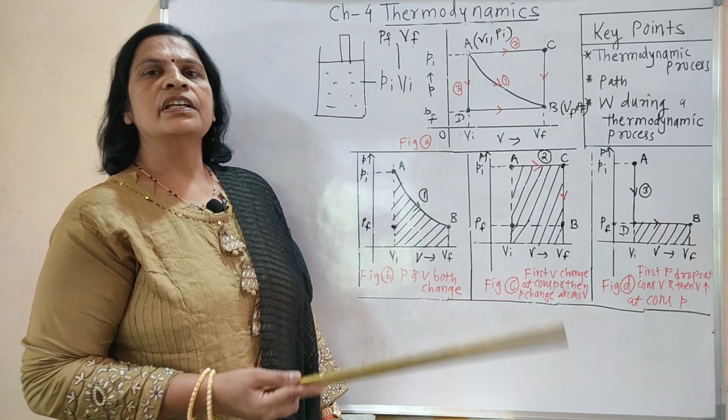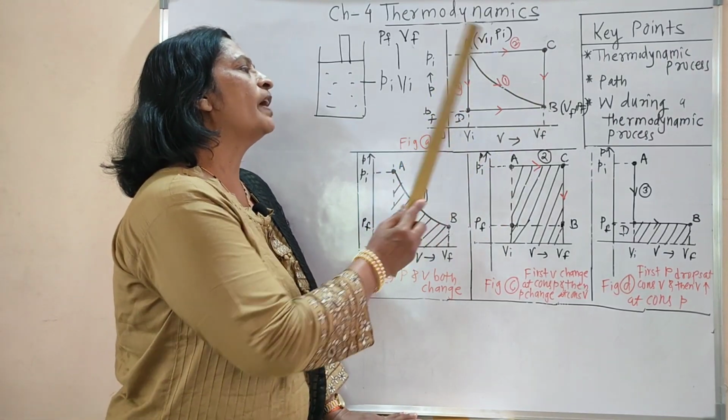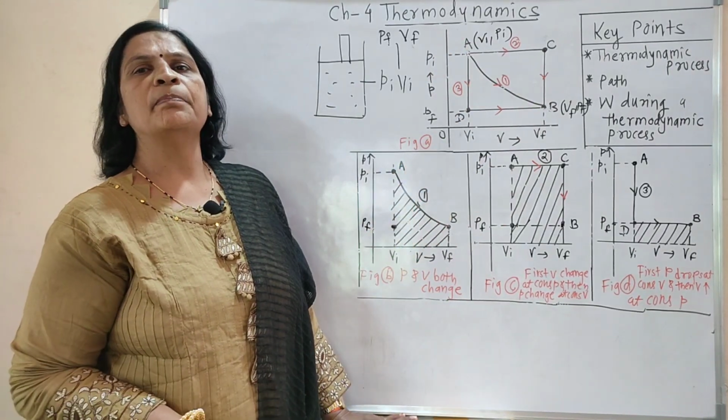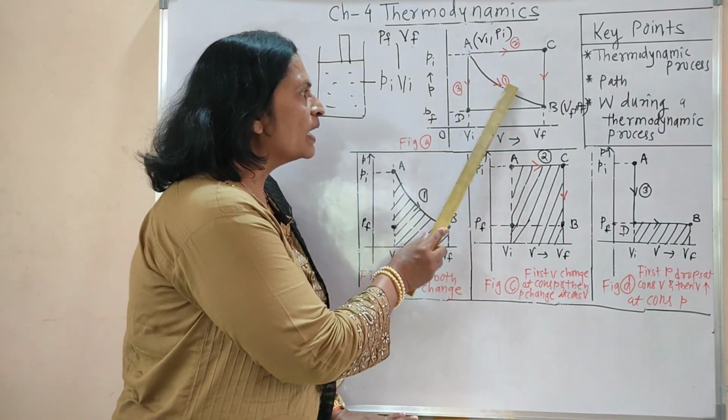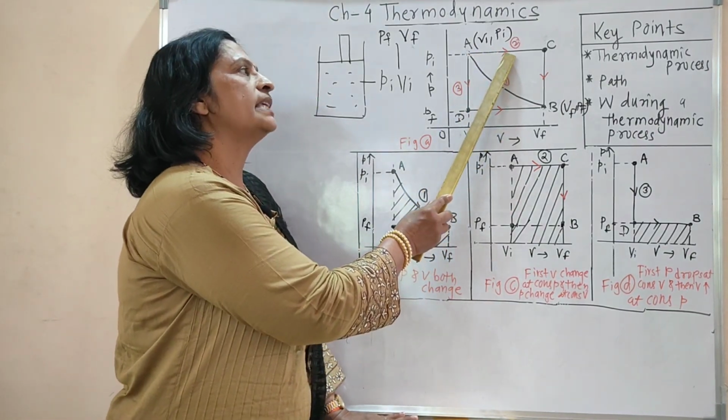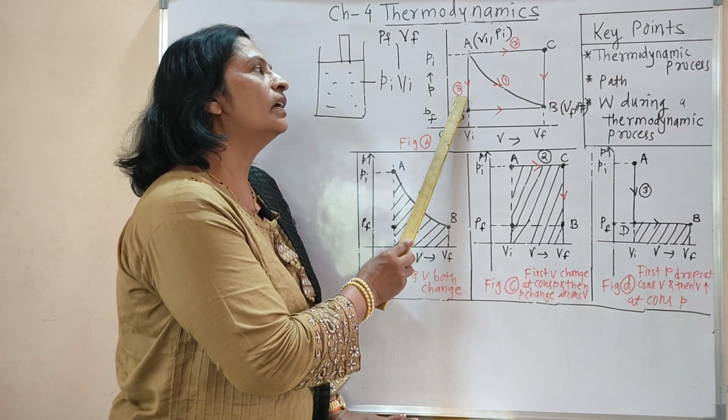We can change that initial state to the final state with three different paths. This is path first, this is path second and this is path third.